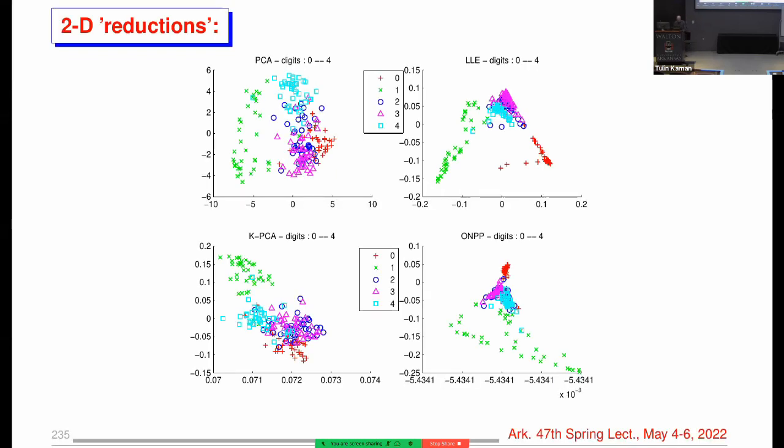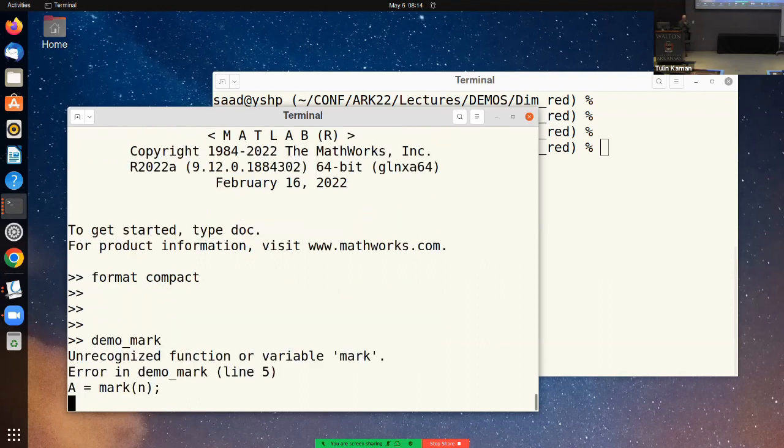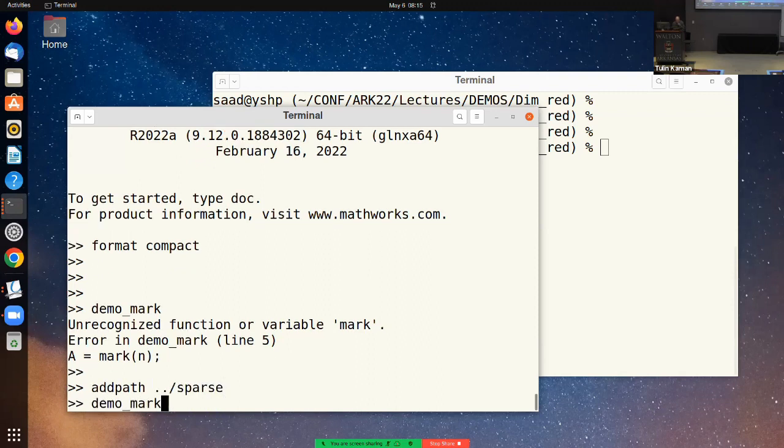One illustration of all these dimension reduction methods is the representation of the graph. Remember when I showed you this thing, right? I think I showed you this earlier. Okay, let's try it again.